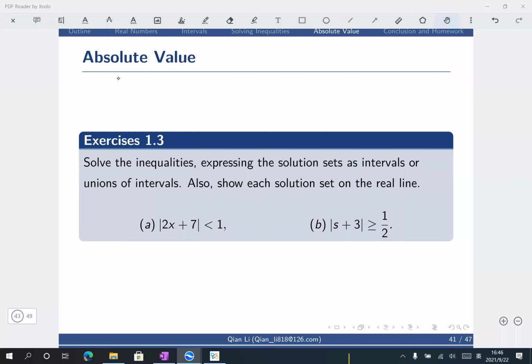You need to enter your student number before your name, okay? In the WeChat group. When you send the message, I need to find your student number, okay? Or you can write your student number on your homework, on your answer, okay?